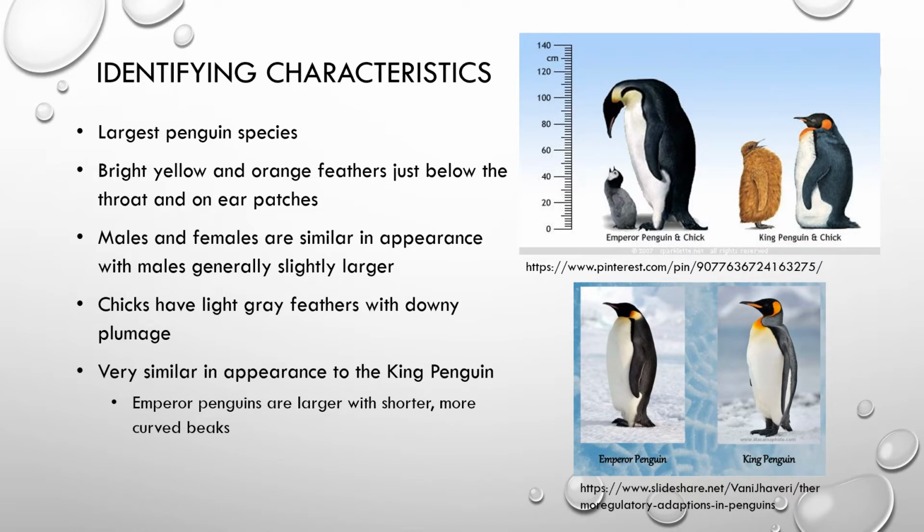The males and females are similar in appearance, the males being generally slightly larger, and their chicks have light gray feathers with downy plumage. They are very similar in appearance to the king penguin. However, the emperor penguins are larger with shorter, more curved beaks.